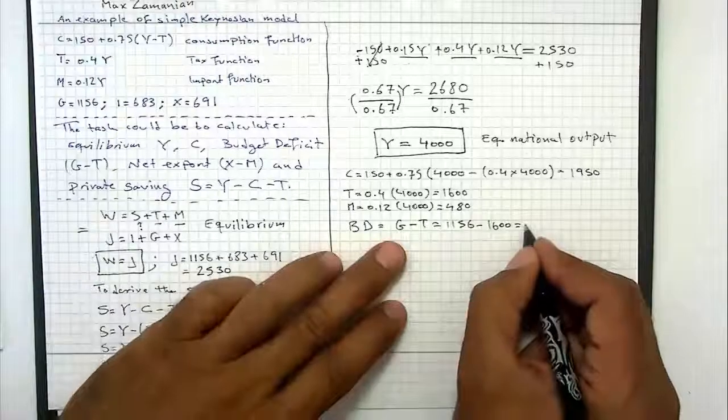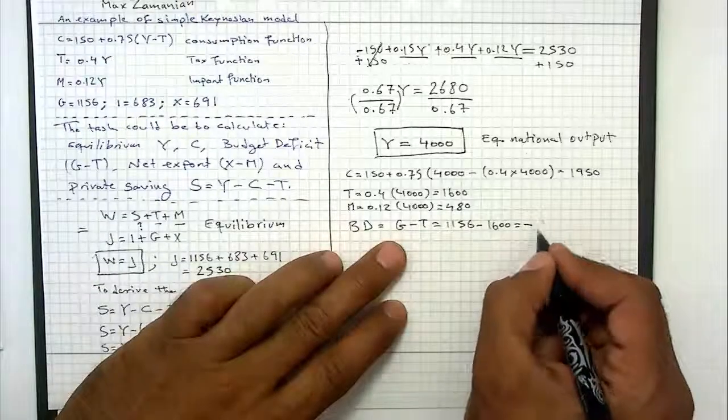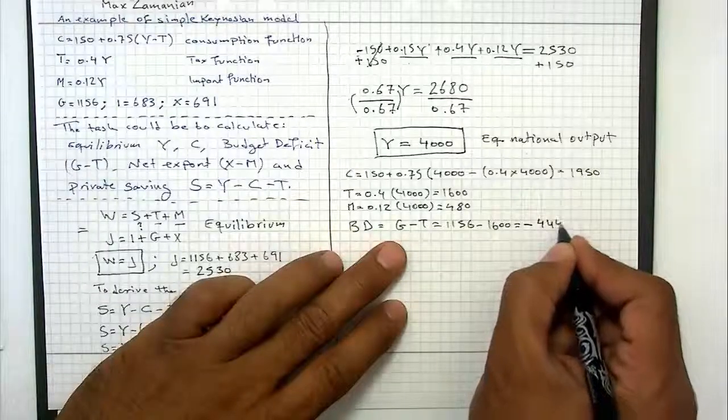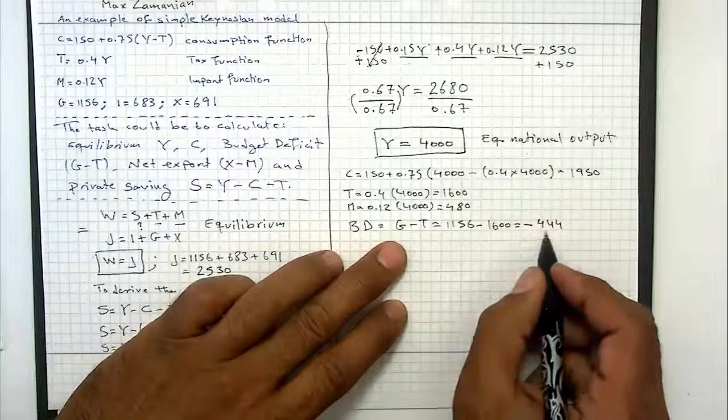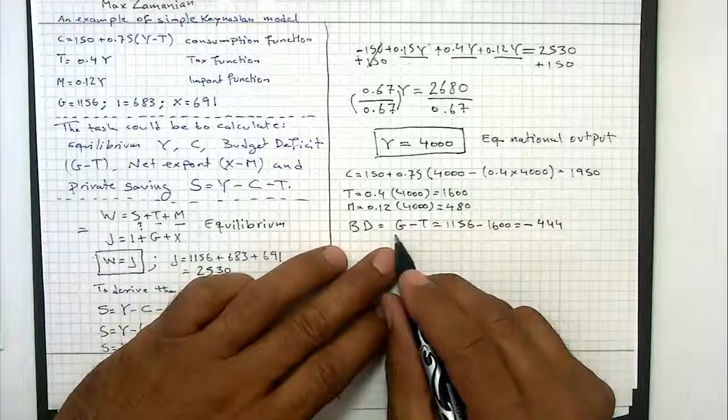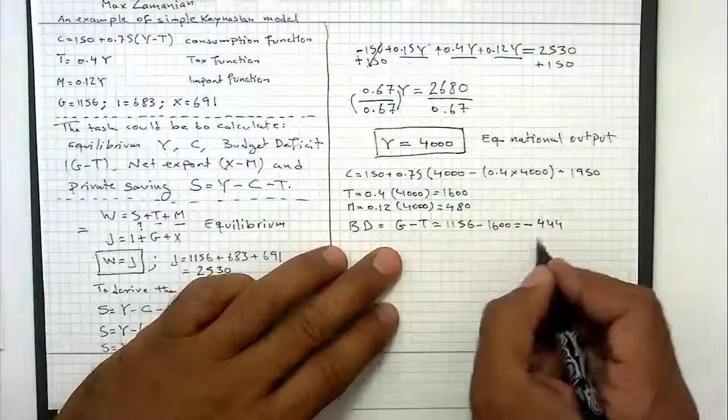So you have a negative number here equal to 444, but that actually means that your taxes are more than government expenditure.